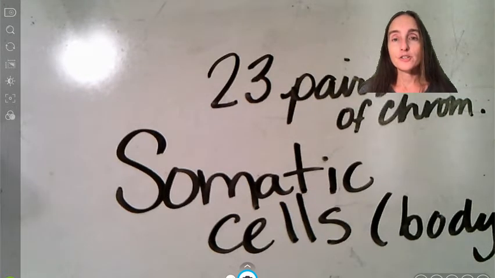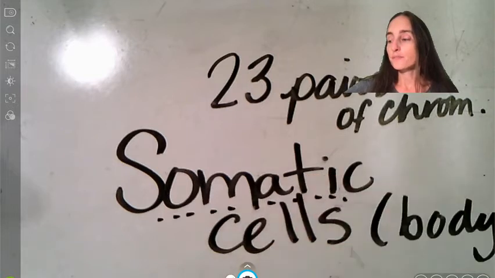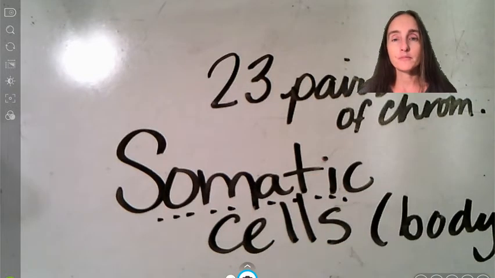And each of those pairs has certain traits carried on it, certain genes that are on that particular chromosome. Each of your somatic cells, your body cells, has the same 23 pairs of chromosomes inside the nucleus. They have all of the genetic material.